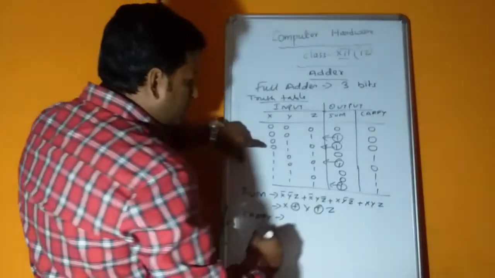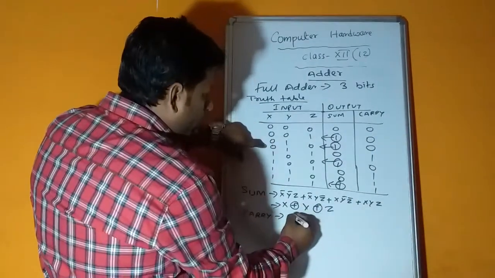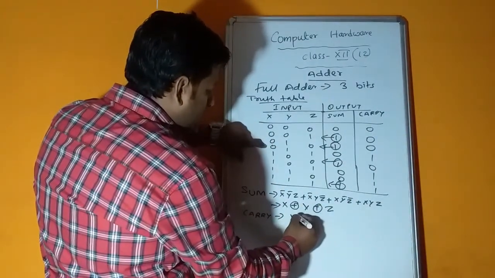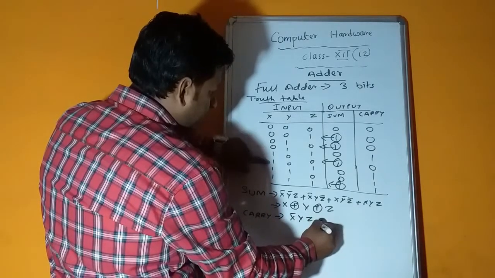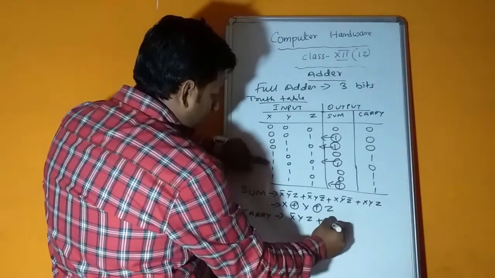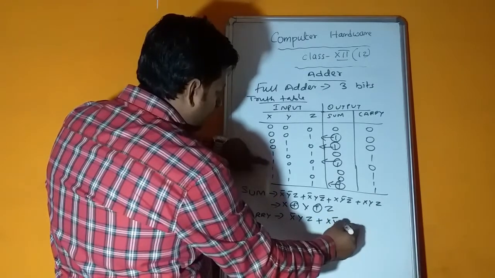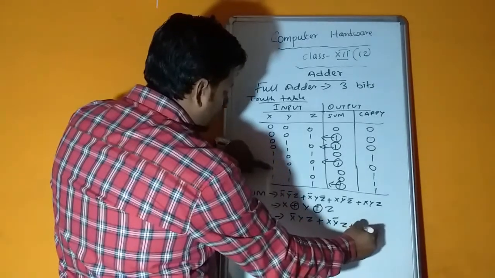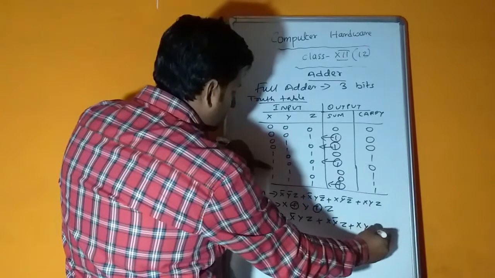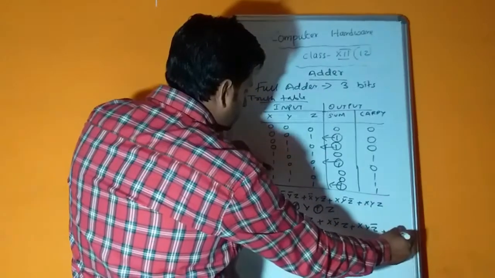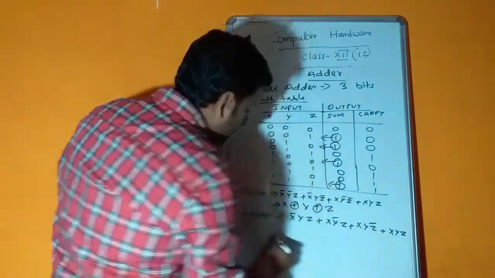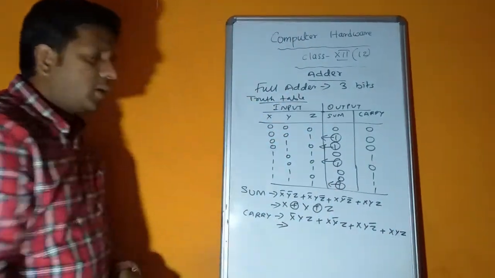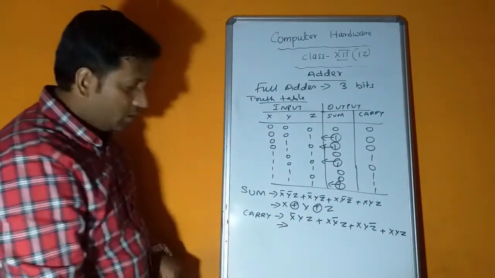So carry part means this one will be having x complement y z plus x y complement z plus x y z complement plus x y z.